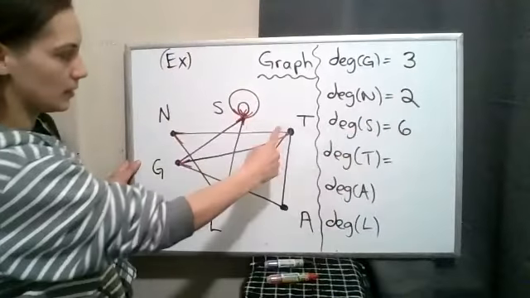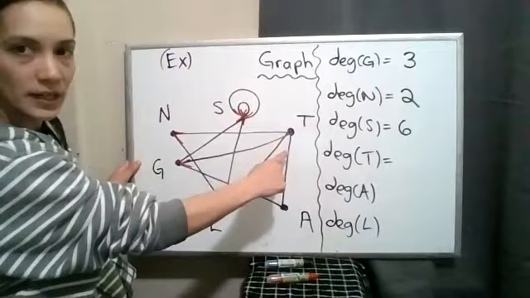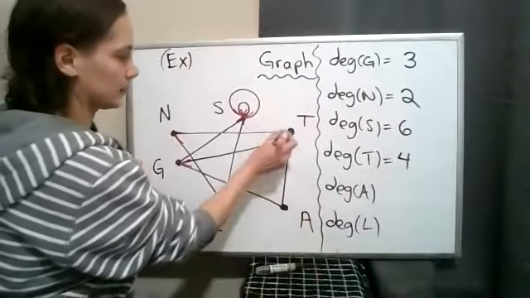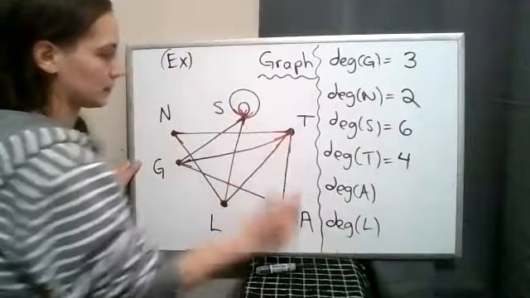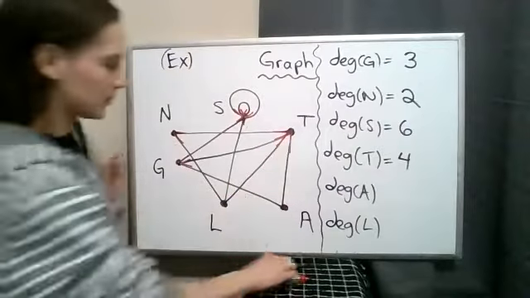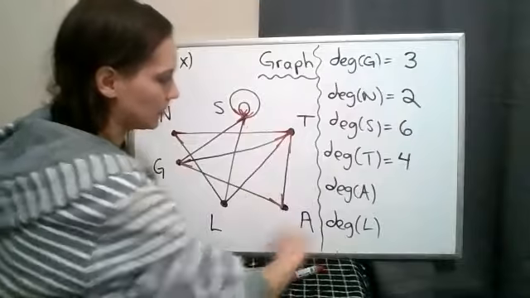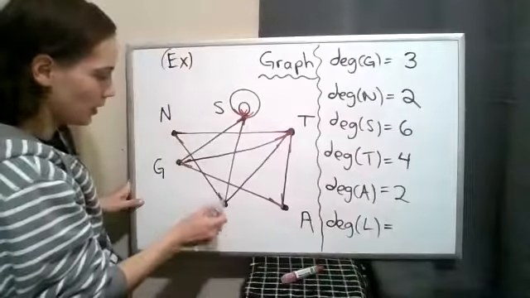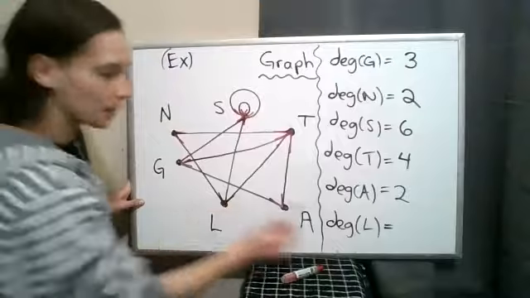Let's find T. We have 1, 2, 3, 4 connections. A is degree 2. And L is degree 1, 2, 3.